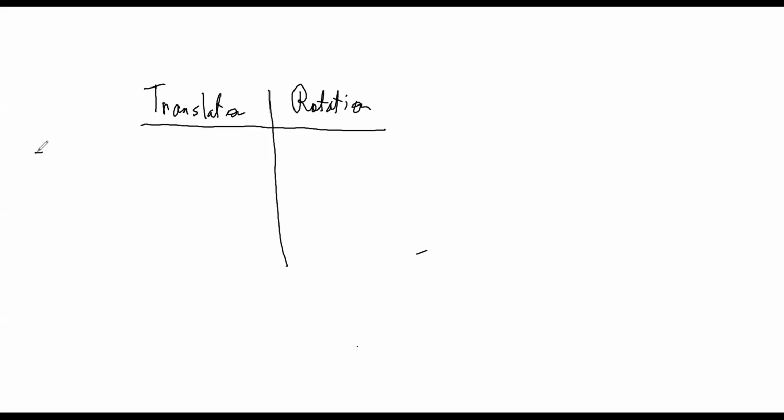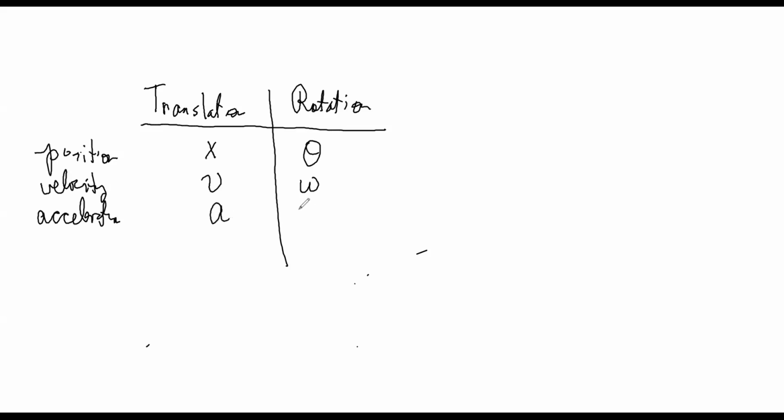For position, we had x and theta; for velocity, v and omega for angular velocity; and acceleration, a and alpha.